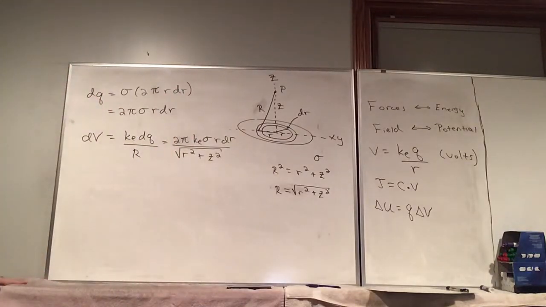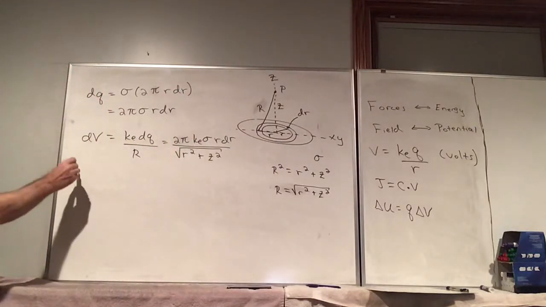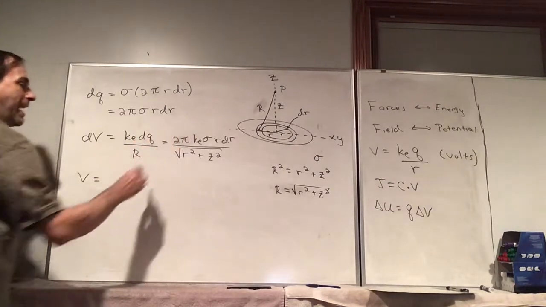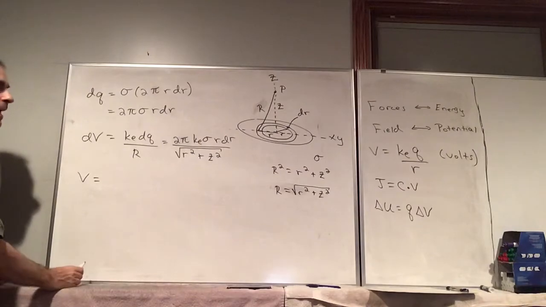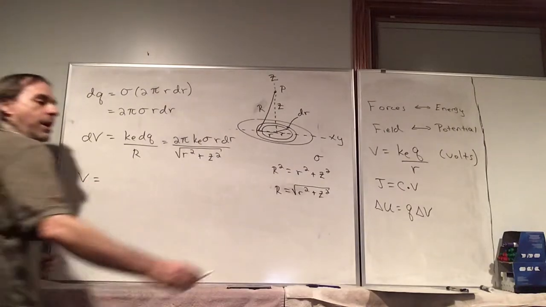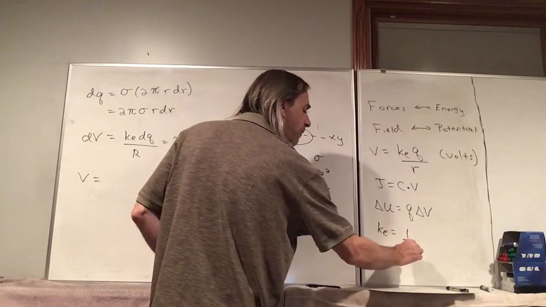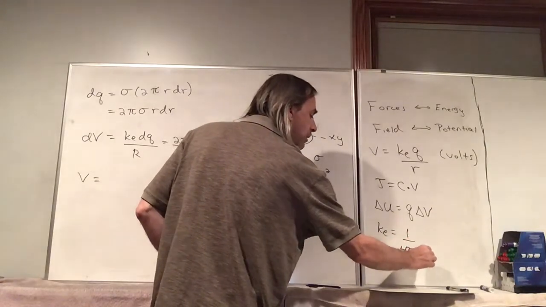And so now that we've set this up, the potential due to the entire disk is, we'll take out our constants. 2 pi Ke, we can write it that way, but remember Ke is 1 over 4 pi epsilon naught.